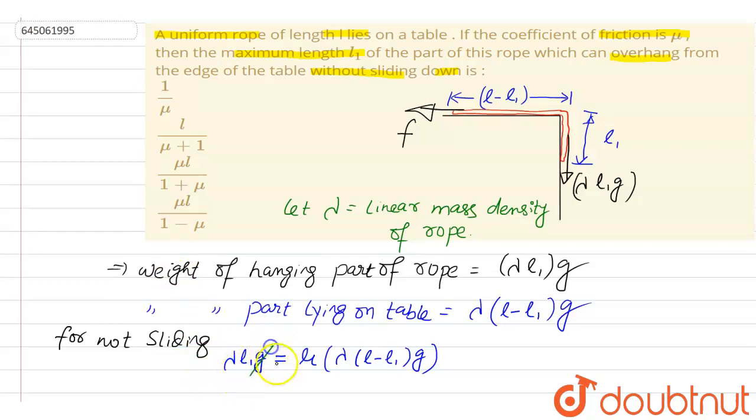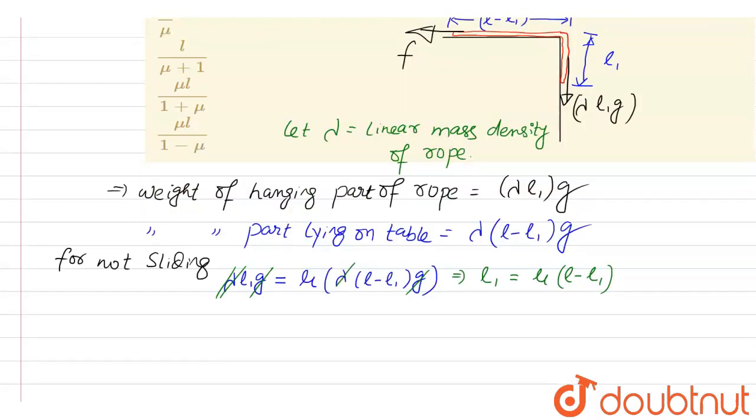Here we can cancel g and lambda on both sides. So the expression we obtain is L1 is equal to mu times (L minus L1). Now we can simply obtain the value of L1.